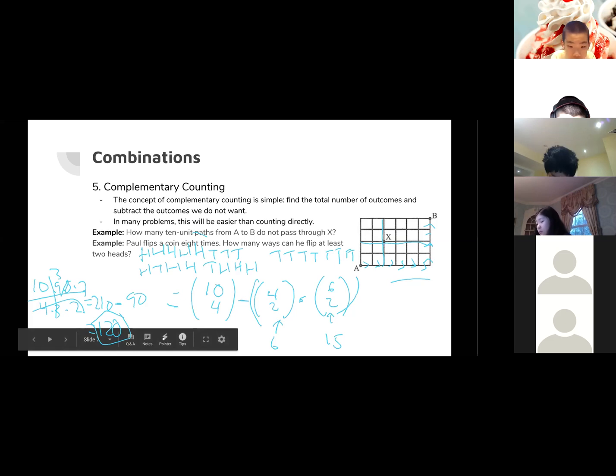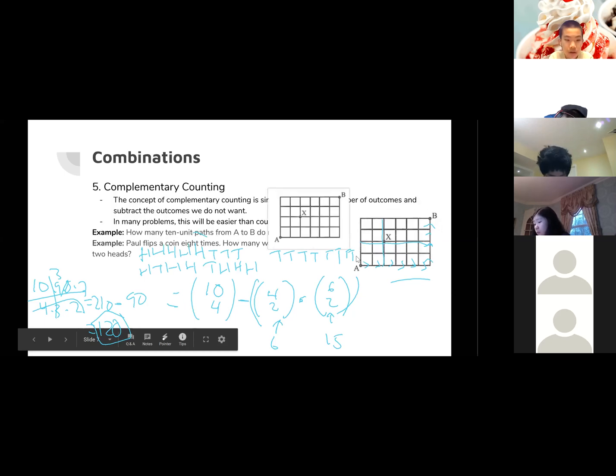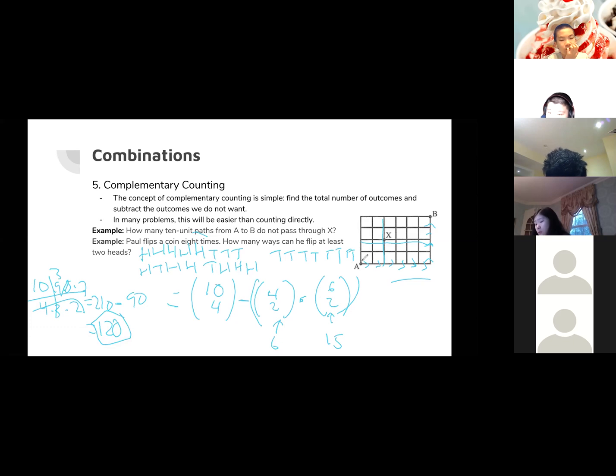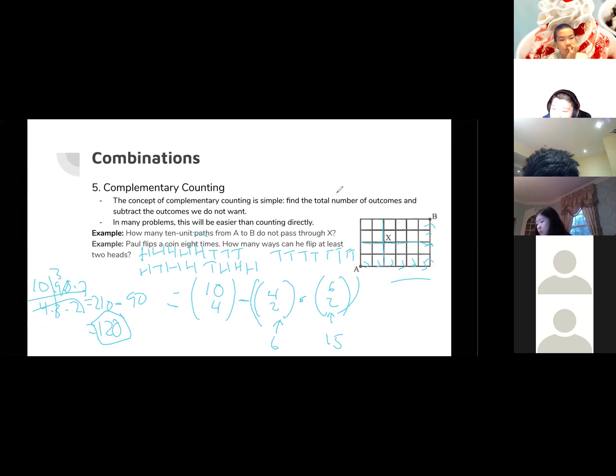How do you find the number of possibilities that go through X? Okay, so the way you do this is let's consider how something would pass through X. An example would be this.